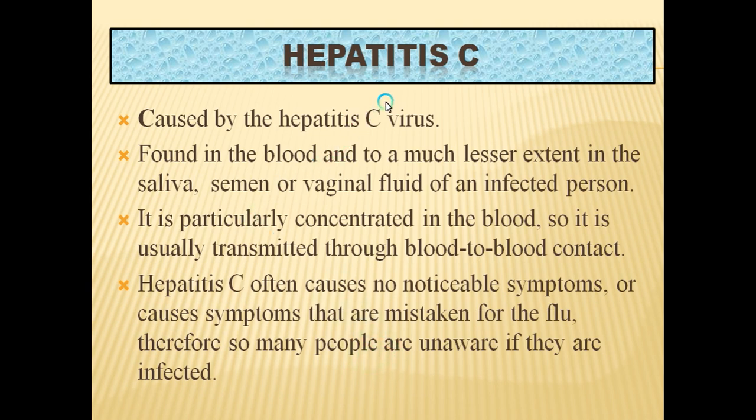Now hepatitis C. Hepatitis C is caused by hepatitis C virus. It is found in blood, and in very small amounts in saliva, semen or vaginal fluid. It is usually spread through blood to blood contact, and it is concentrated in blood. That is why it is through blood to blood contact. If you have hepatitis C, then no noticeable symptoms are there, or symptoms that are mistaken for flu.